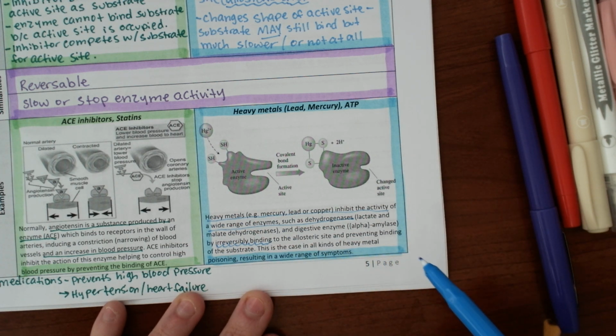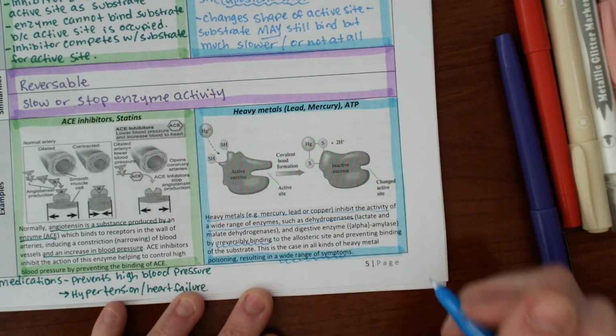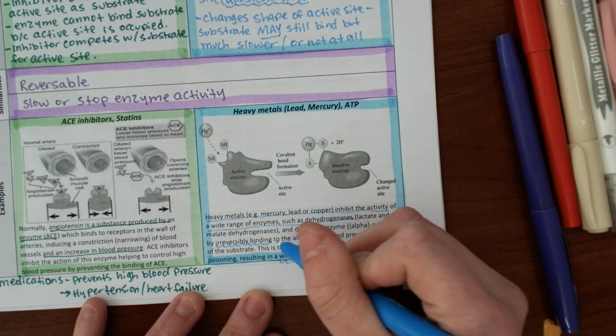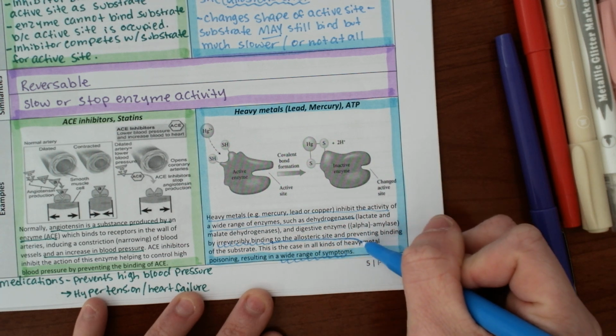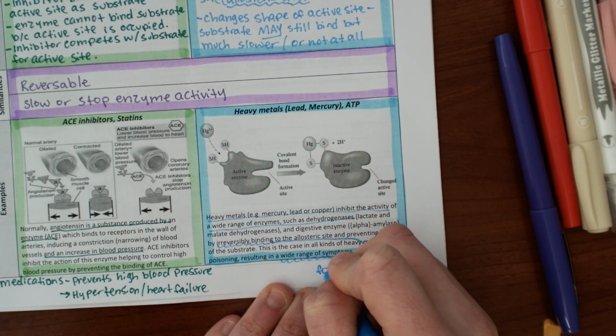This is the case in all kinds of heavy metal poisoning, resulting in a wide range of symptoms. The reason they're irreversibly bonding is because they form strong covalent bonds.